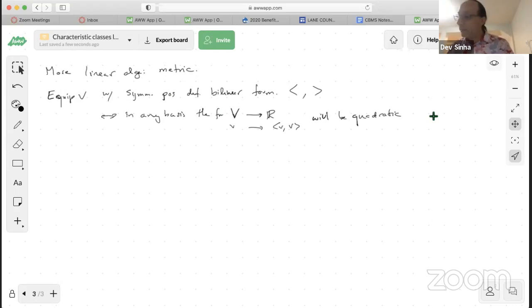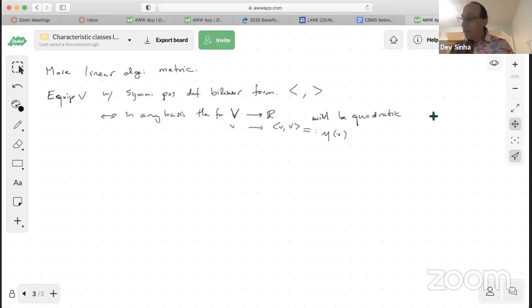So let me go ahead and just say, suppose I have, so how do we translate between these? One way is if I've got this form, then this is what I can call this quadratic function.